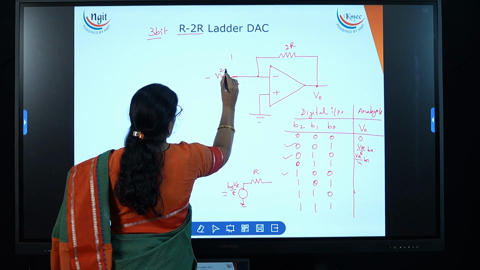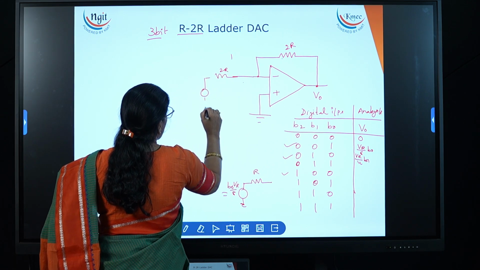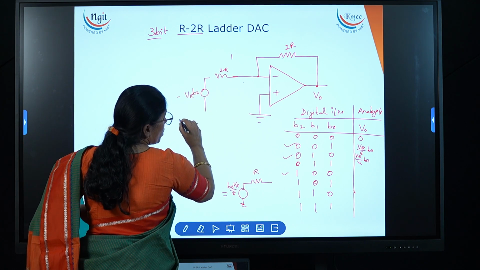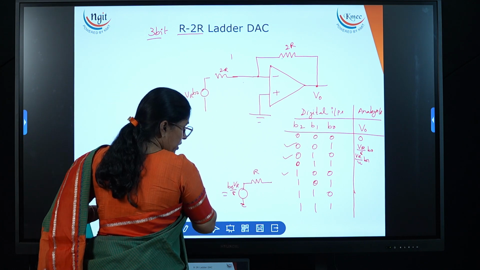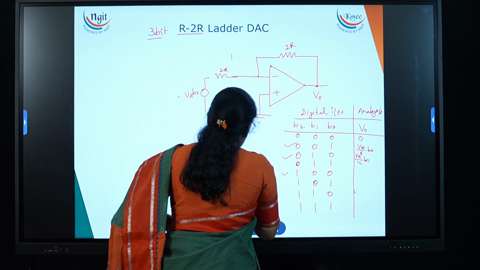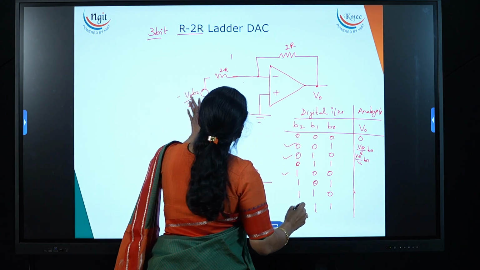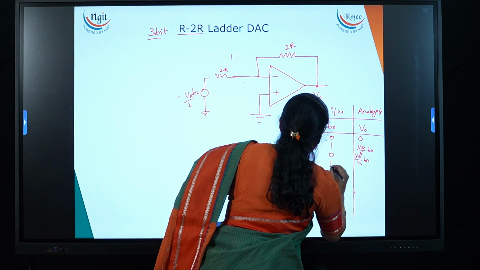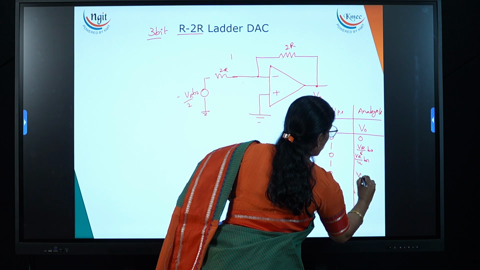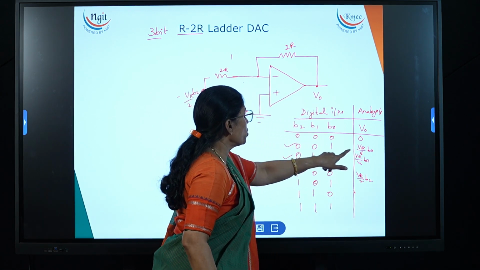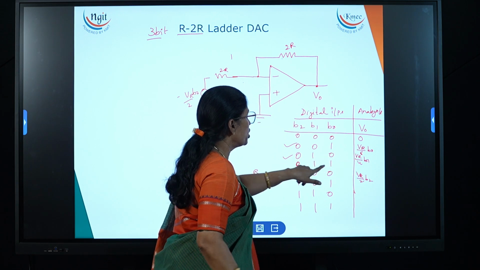Here it is a 2R, and here the voltage is V reference B2 by 2. Then you will get the voltage gain as 1, and finally here you are going to get V reference divided by 2 B2.